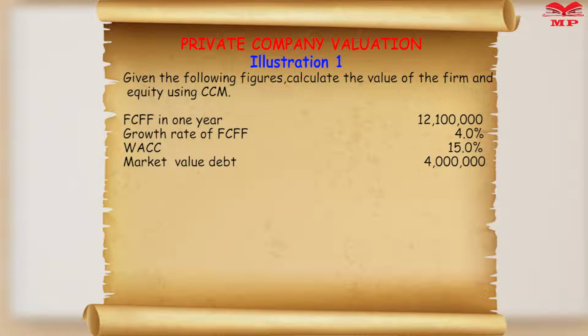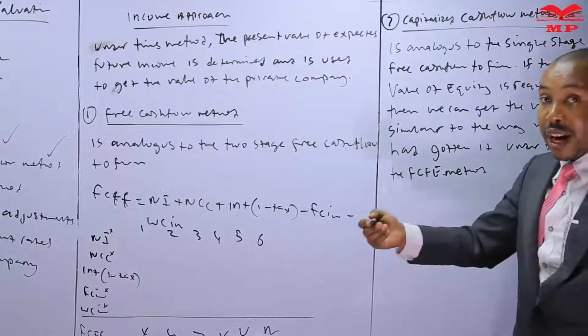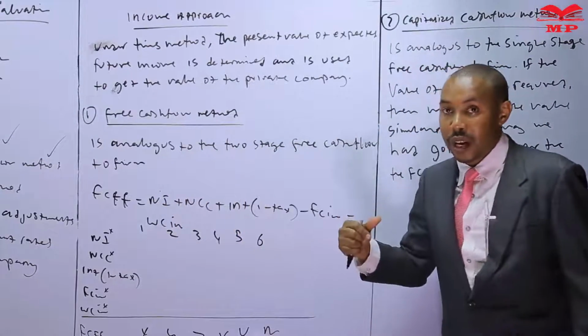So based on that information, we need to first of all understand if we've been given the forecasted free cash flow to firm, or the historical free cash flow to firm.